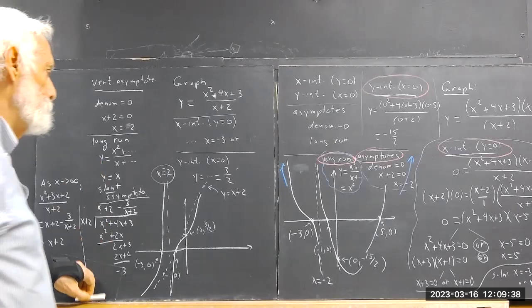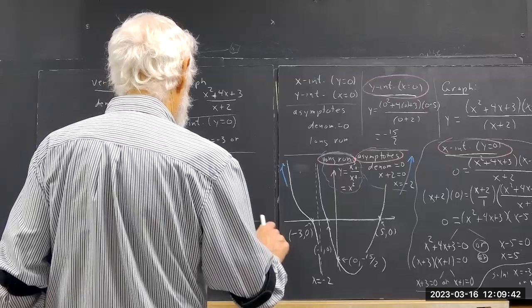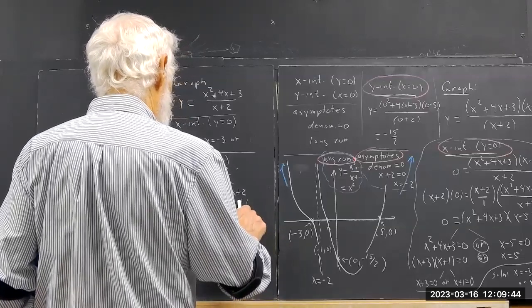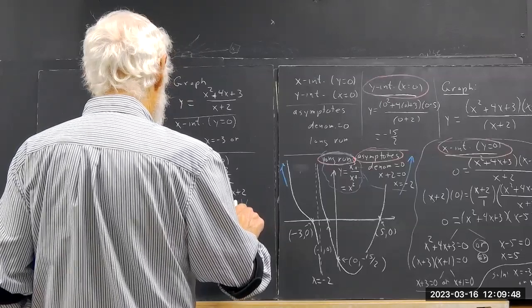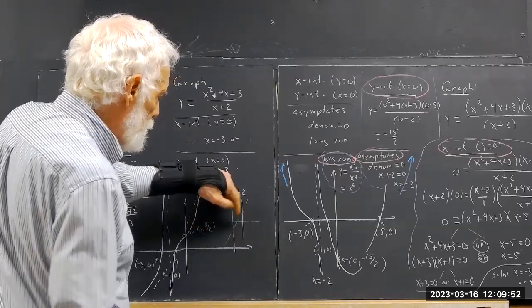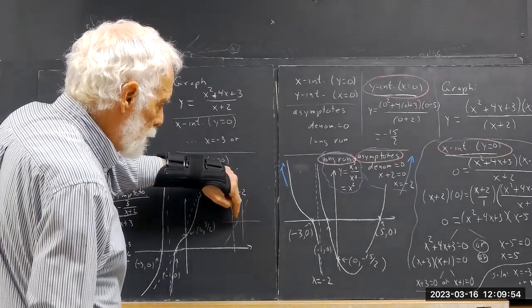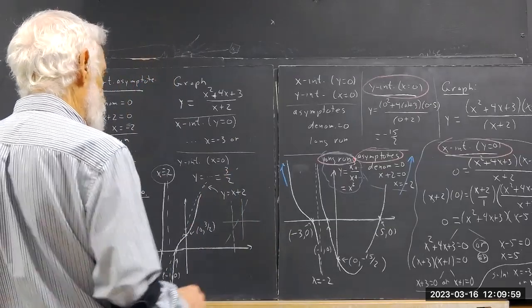And really, I'll show you this graph if you were actually to graph it. This asymptote crosses the x-axis far enough to the left of this point. This is 0.